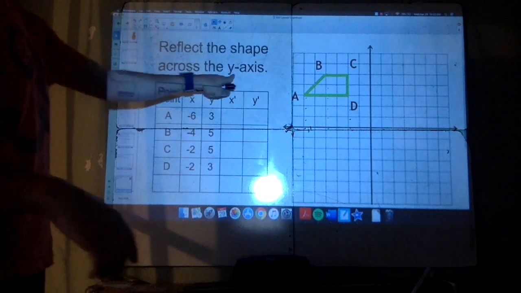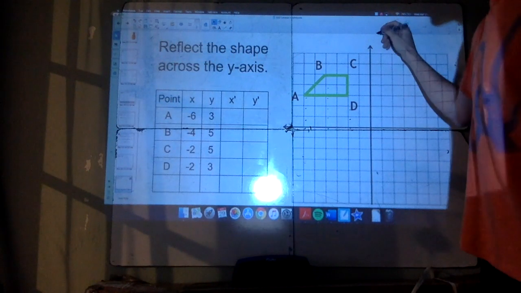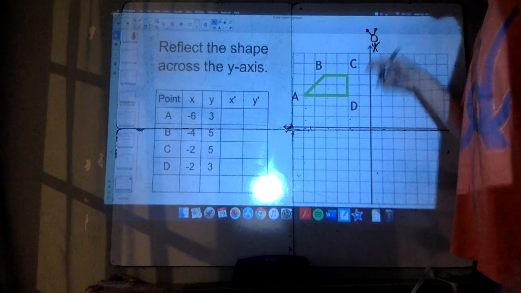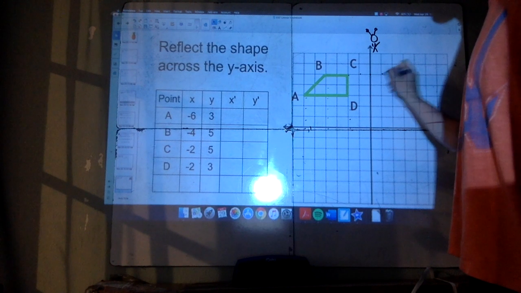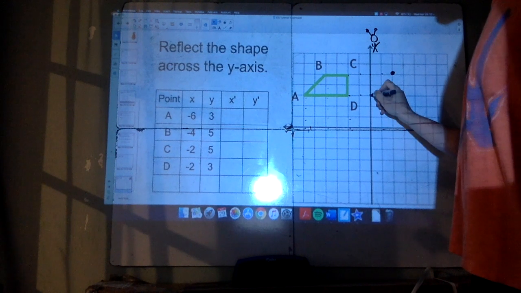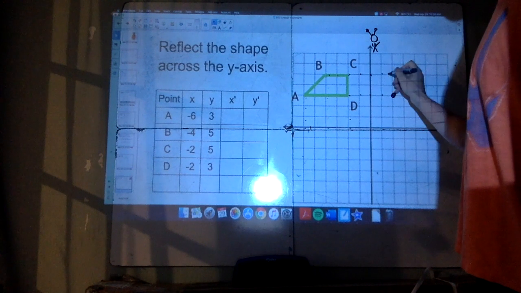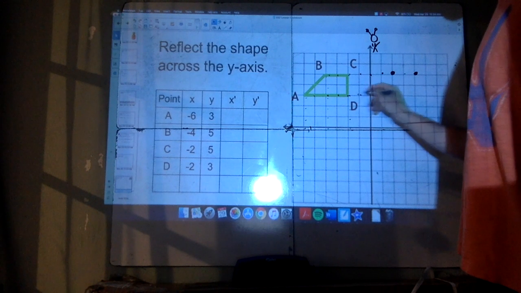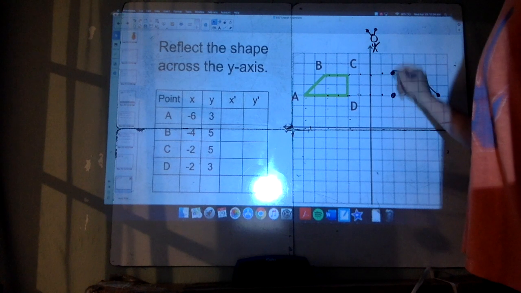Now we're going to reflect it across the y-axis. Our y-axis is the vertical one. Just remember there's a little alien up here and you're like, wait, why is that dude up there? Get it, y-axis, okay. I'll stop. 2 to the y-axis, 2 past it. 2 to the y-axis, 2 past it. 4, 4, 6, 6.